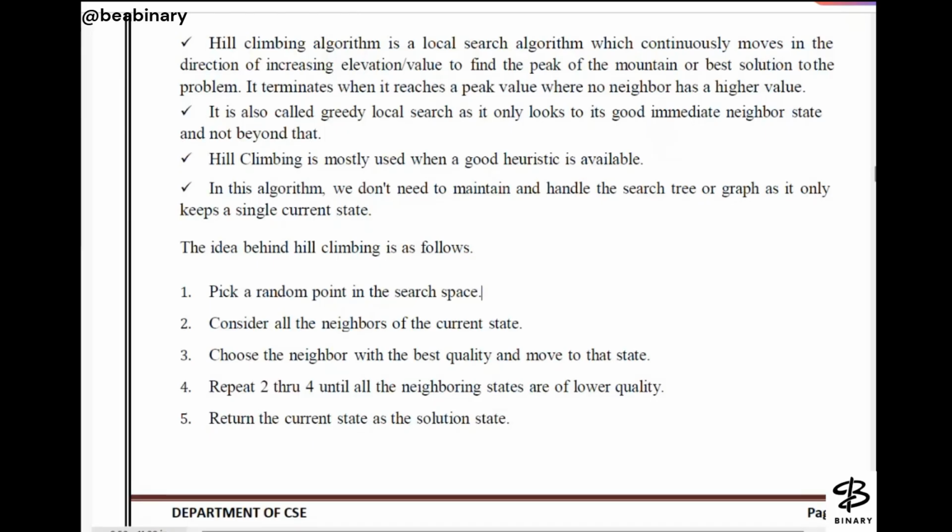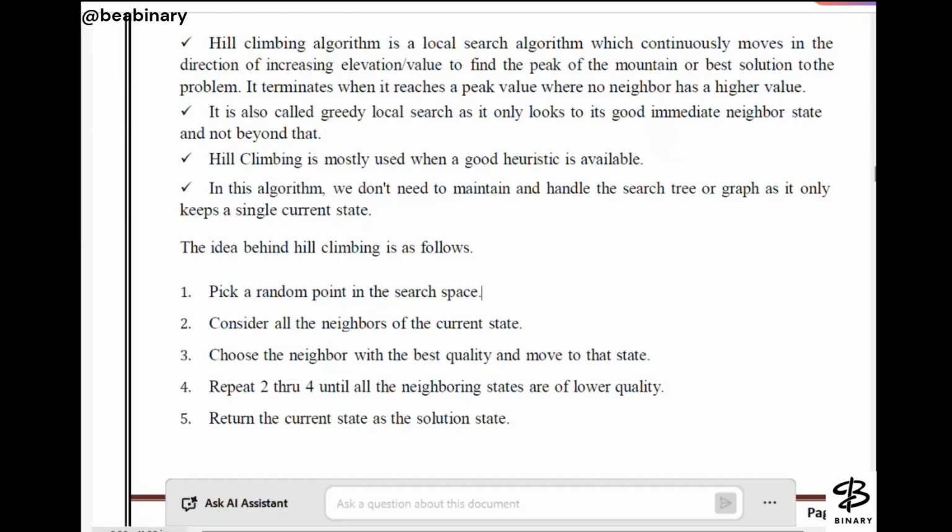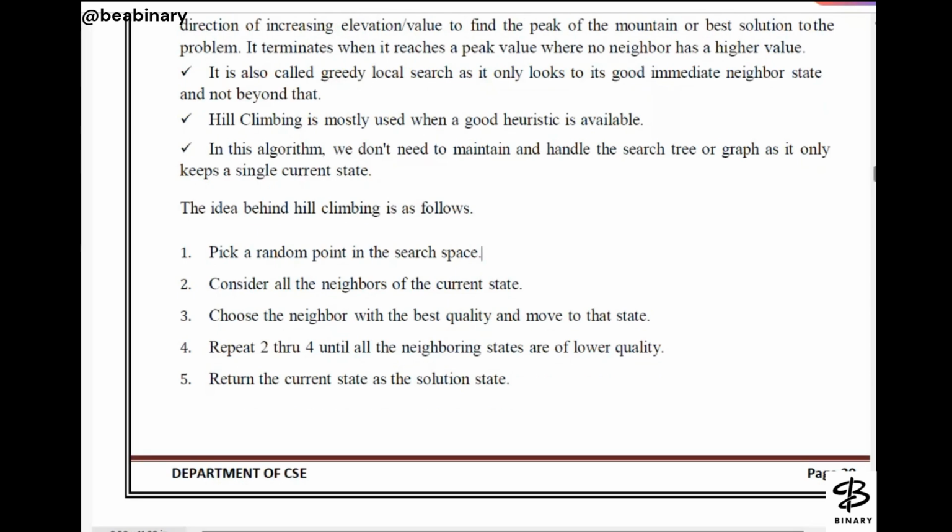So if a neighbor has the highest peak, then choose that neighbor. Repeat this step until the neighbor states are of a lower quality. The random point that you selected needs to be superior to its neighbor states. So return the current state as the solution state if it doesn't have any further superior neighbor states.